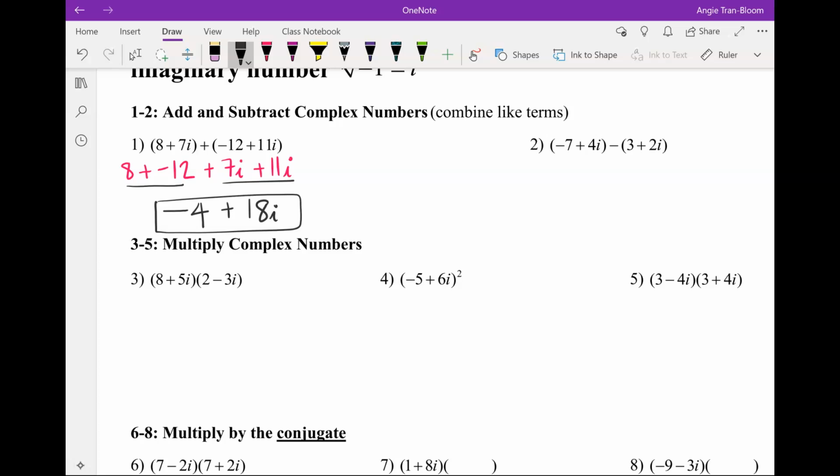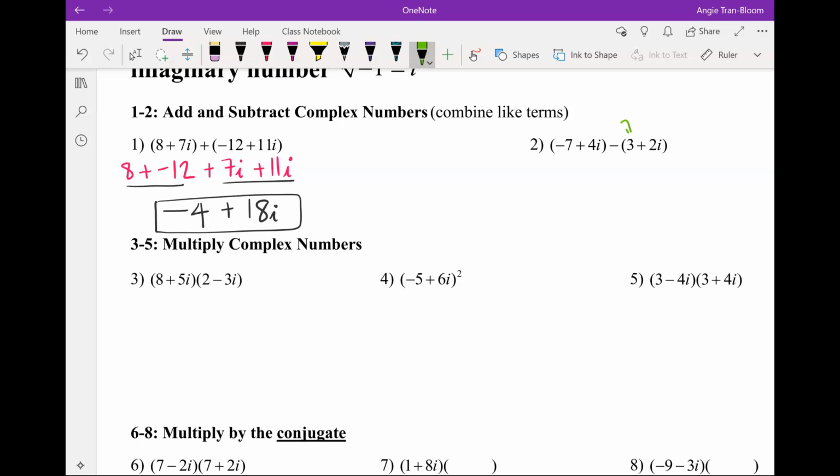Okay. When you add, we don't do anything with exponents. Now, when you multiply, that's when you add the exponents. Okay. Number 2, subtraction. There's a main difference between addition and subtraction. What do we do with 2 that we don't do with 1? Distribute the negative.